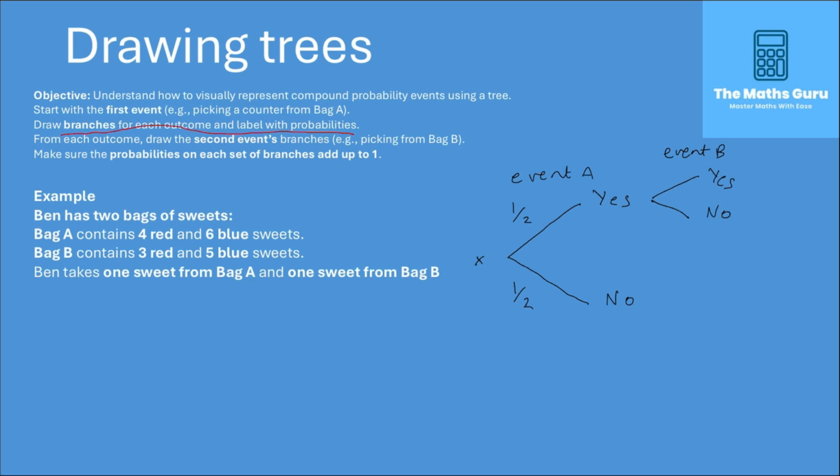Say the probability in event B is 1/4 to say yes and 3/4 to say no. So we draw that down here as well: yes and no, 1/4 and 3/4.